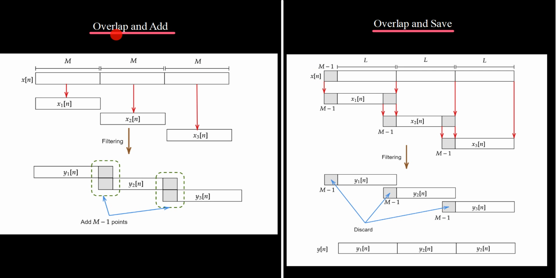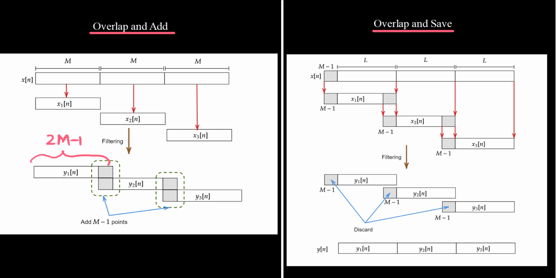In the overlap and add method, we split into m length blocks, where m is the length of the filter. Then we perform the linear convolution on each block, and we obtain the filtered output y1 of n, which is of length 2m minus 1.